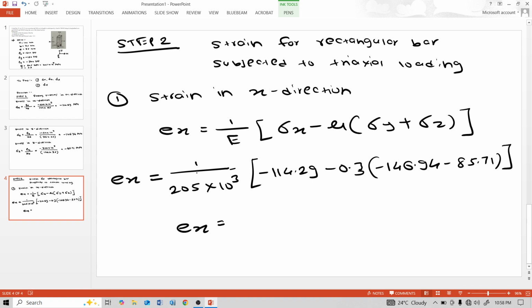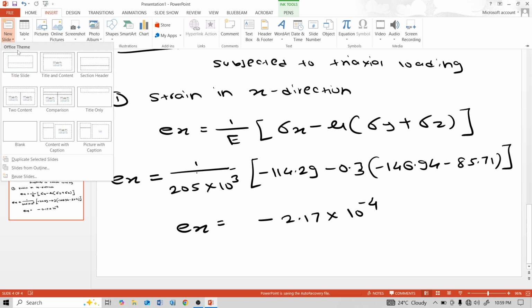So minus 114.29 minus 0.3 times the sum of minus 146.94 and minus 85.71, divided by 205 into 10 raised to 3, gives minus 2.17 into 10 raised to minus 4, which is the strain in x direction. Now next, calculate strain in y direction.